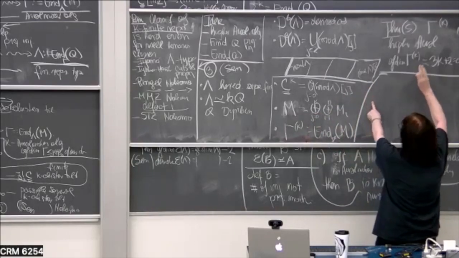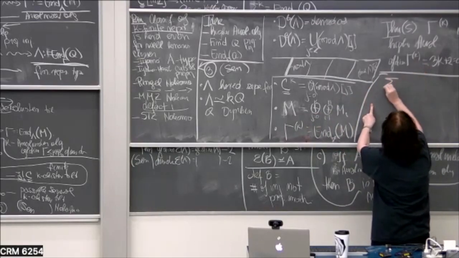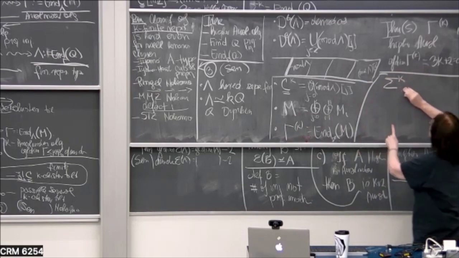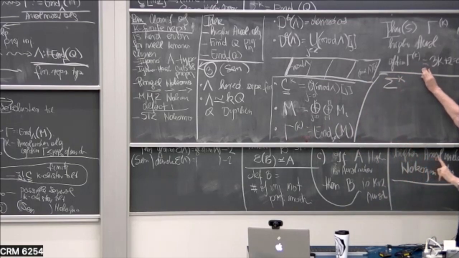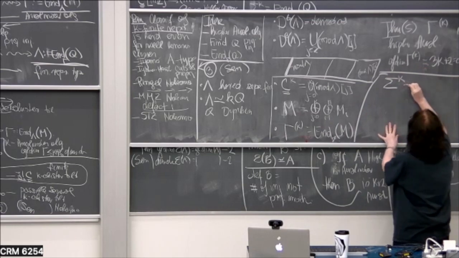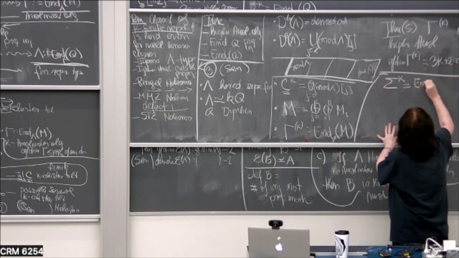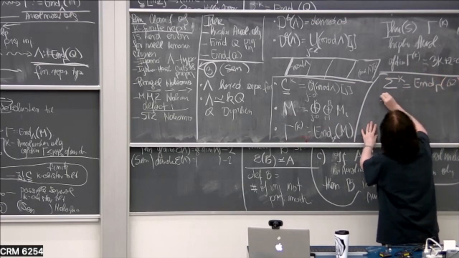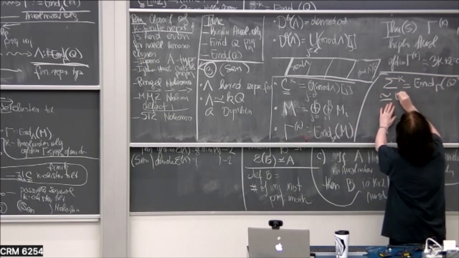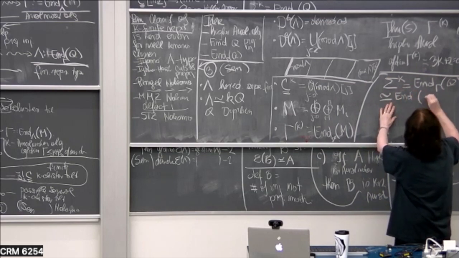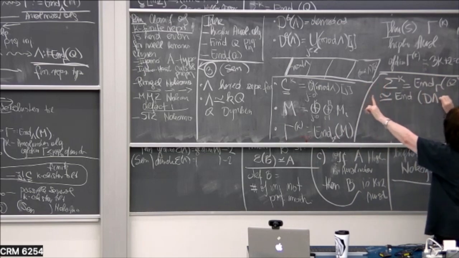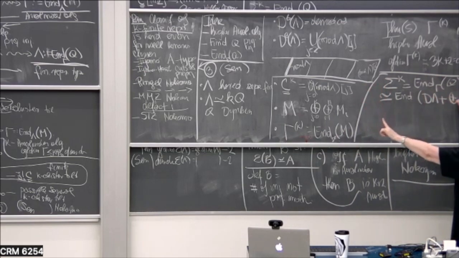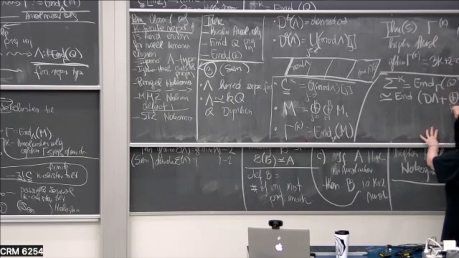So the cluster tilting. First of all, I didn't describe sigma k, right? So this is higher Auslander, then sigma k is the endomorphism algebra of the projective injectives over gamma, and it is also isomorphic to the endomorphism algebra of the dual of lambda plus the shifts of M_i, j from 1 to k.